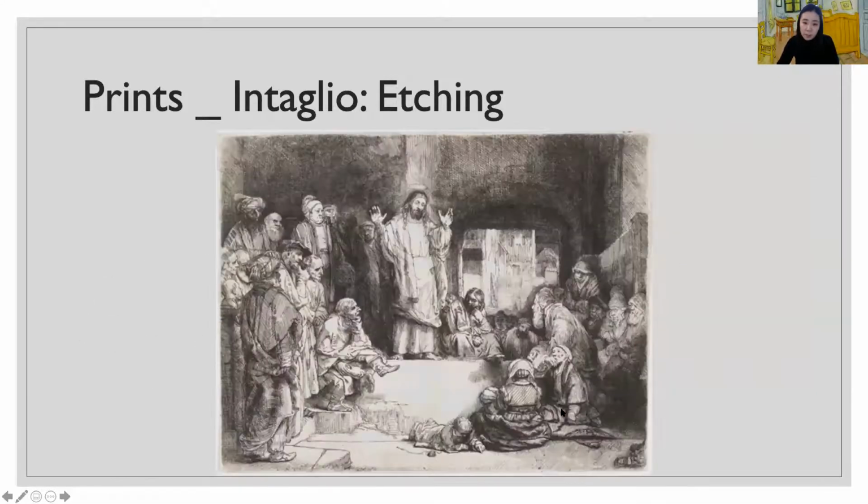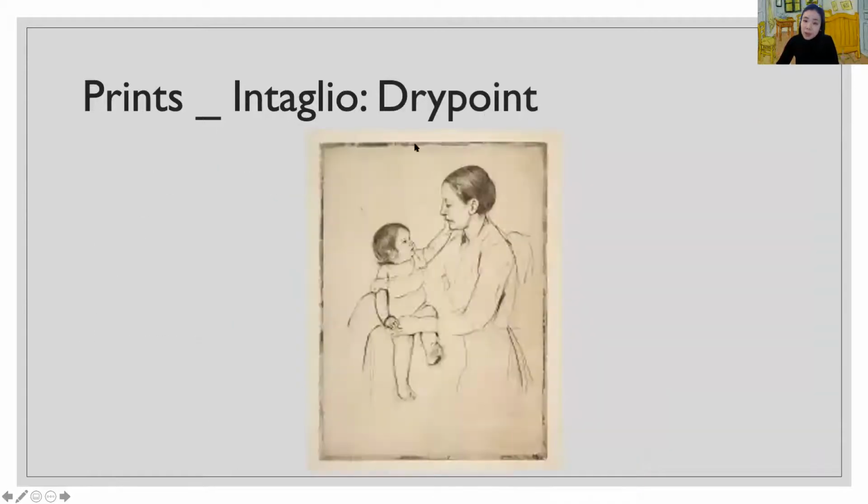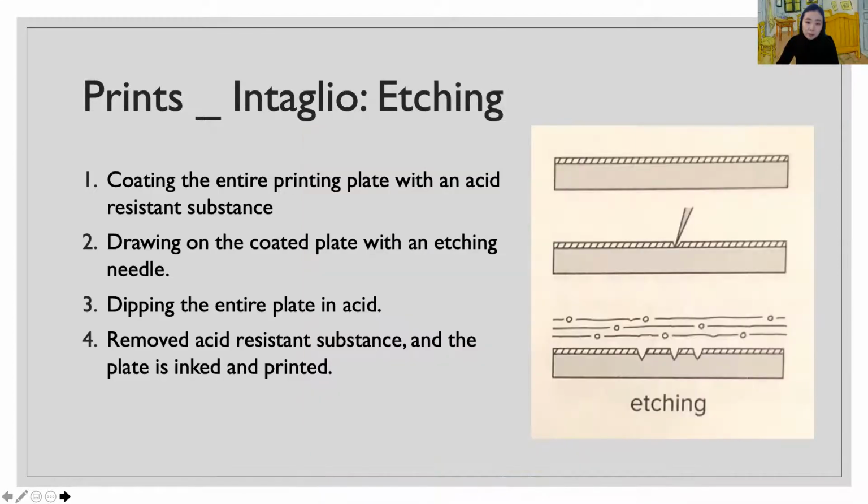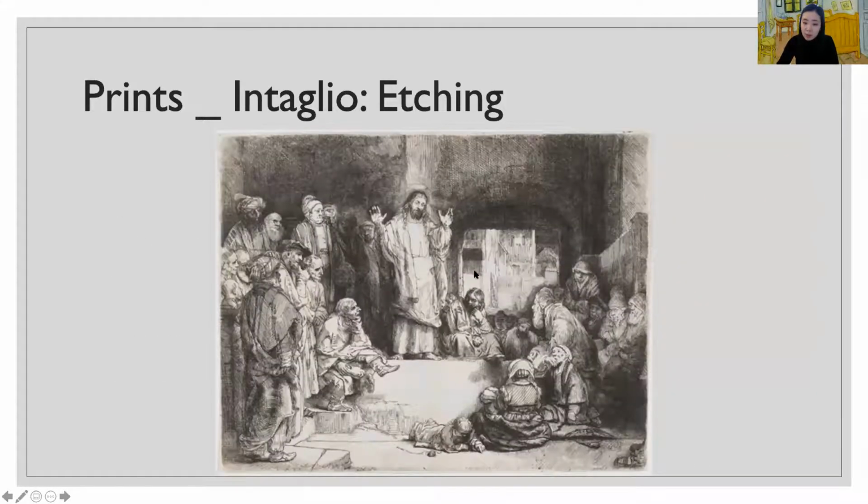So see, this is the etching print. It looks deeper than the drypoint print, like this, because by using acid, artists can make a deeper shading on the plate like this.